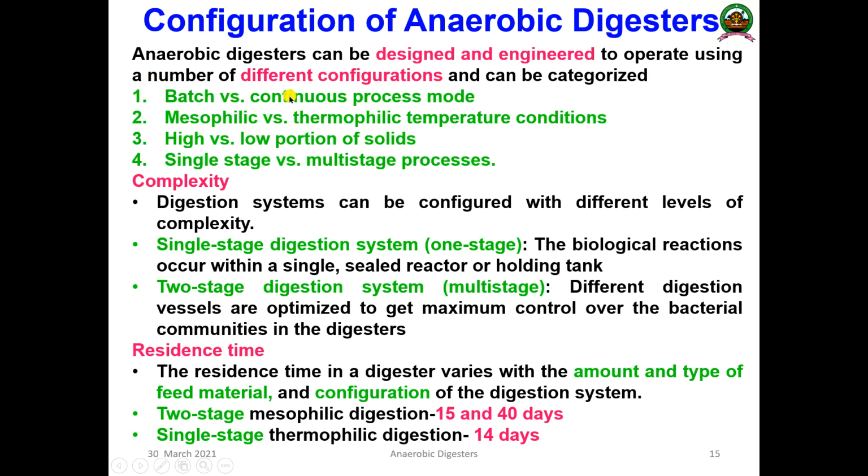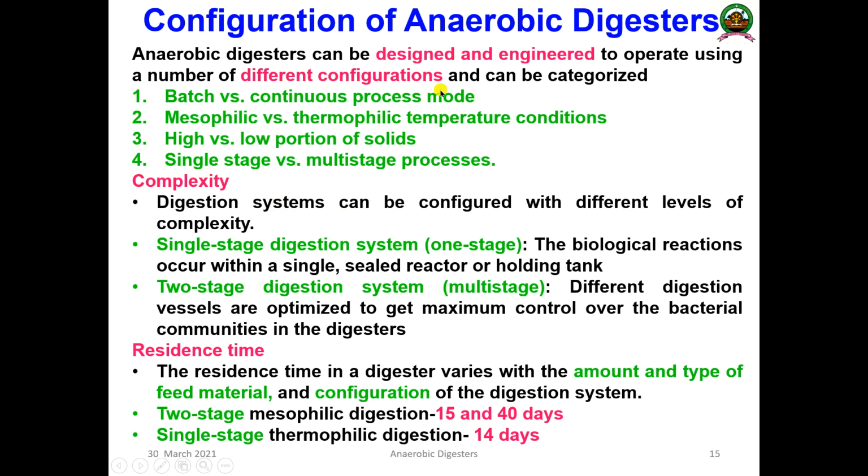So the first one is batch and continuous. In the batch process, once one set of feed is completely treated, the end product is obtained by using microorganisms through hydrolysis, acidogenesis, acetogenesis and methanogenesis. Then the byproducts are taken as the end products.